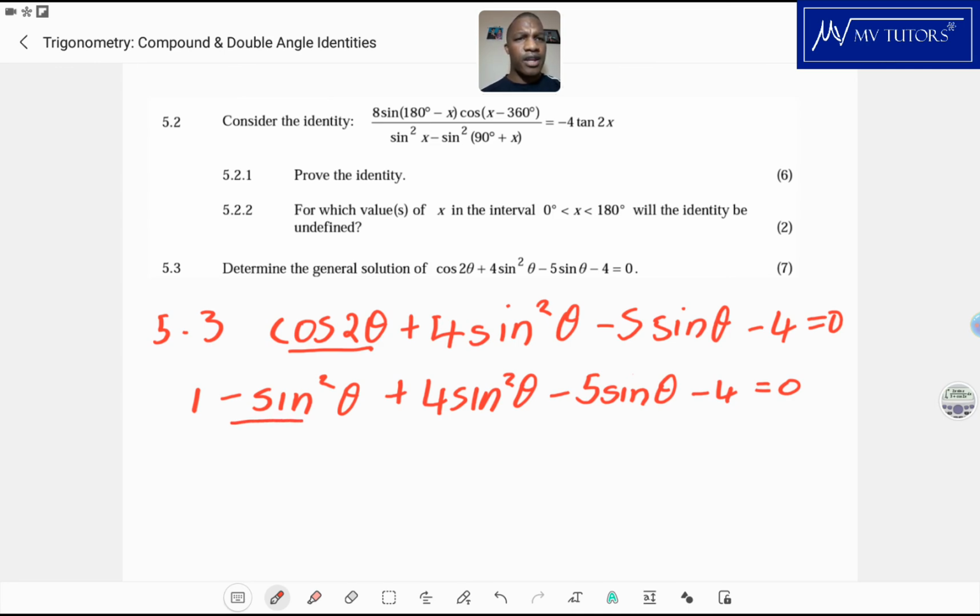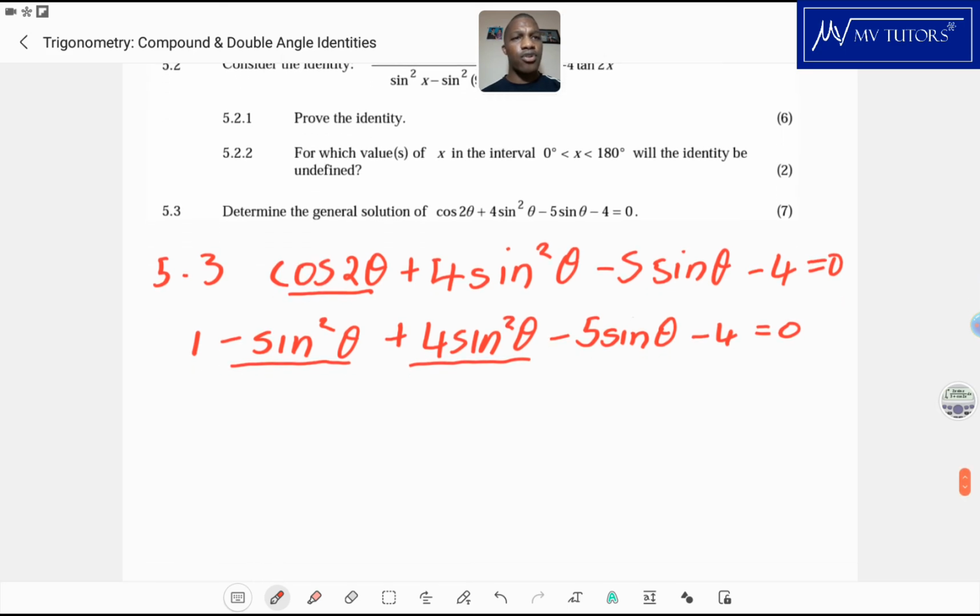We have a minus sine and then a 4 sine minus sine squared theta and a plus 4 sine squared theta. Those are like terms, so we can combine them.